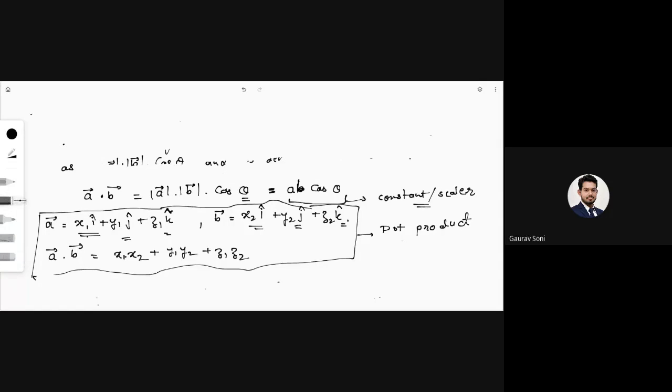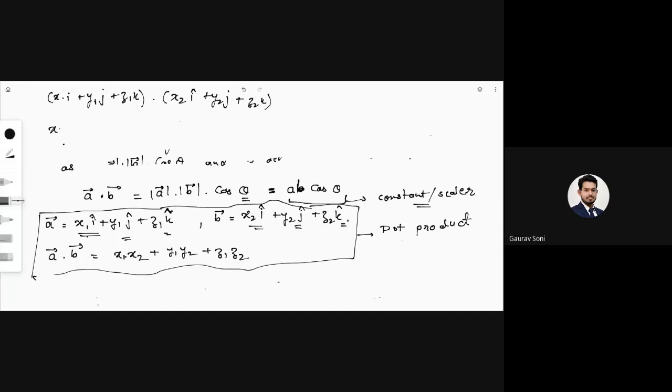So what I want to multiply here, x1 i plus y1 j plus z1 k, is to be multiplied to x2 i plus y2 j plus z2 k. So how do we multiply two brackets?